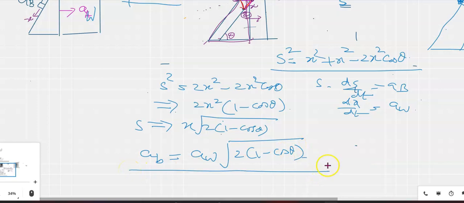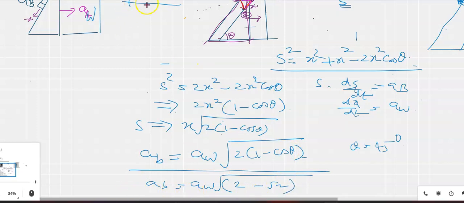And in one of the examples I saw that they use theta is equal to 45, then you get AB is equal to AW times the square root of 2 minus root 2.